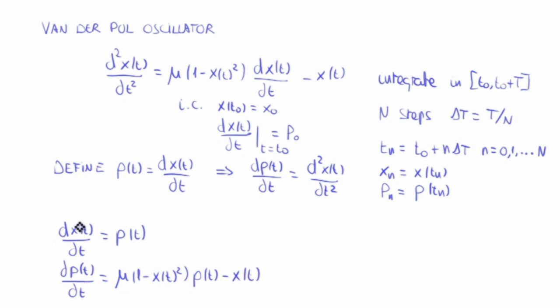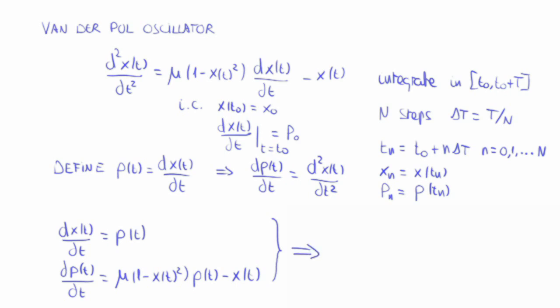Notice that these first-order differential equations are coupled. That means that the equation that gives us the derivative of the position with respect to time is a function of the momentum, and the derivative of the momentum with respect to time is a function of both the position and the momentum. Since they're first order, now these equations can be solved using the Euler method.